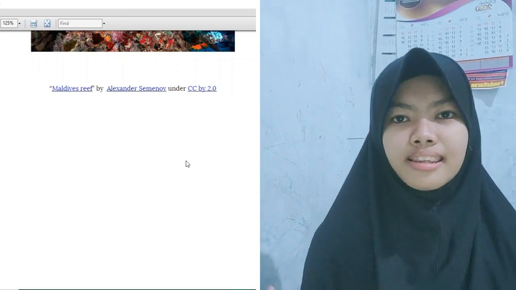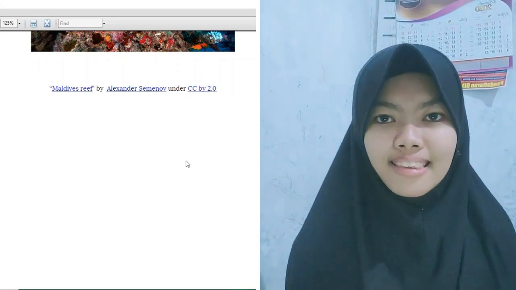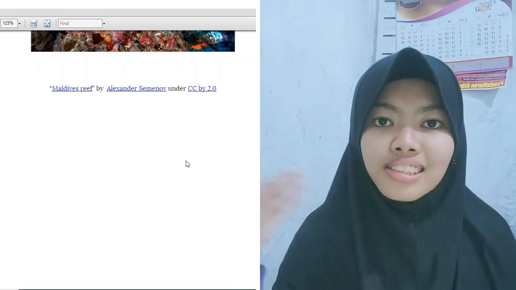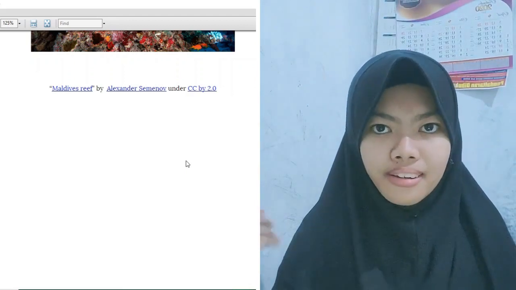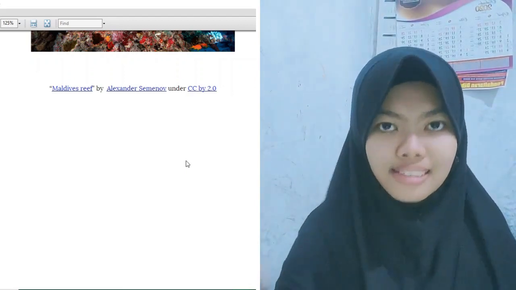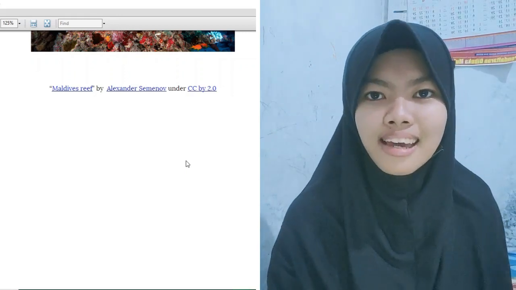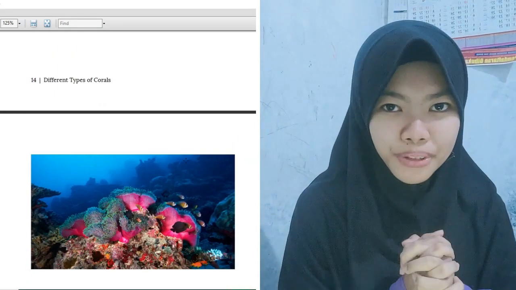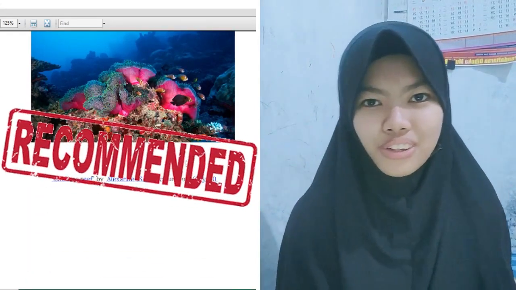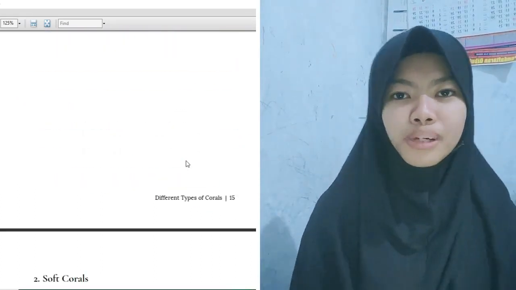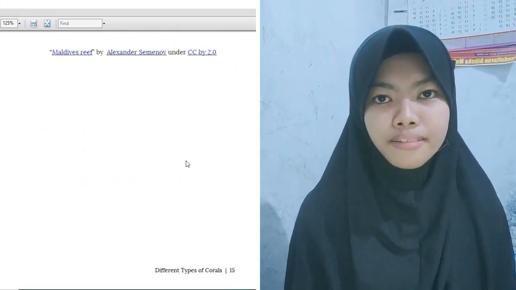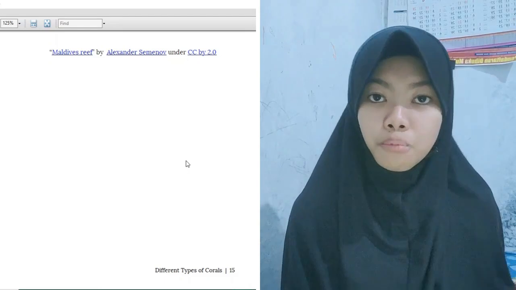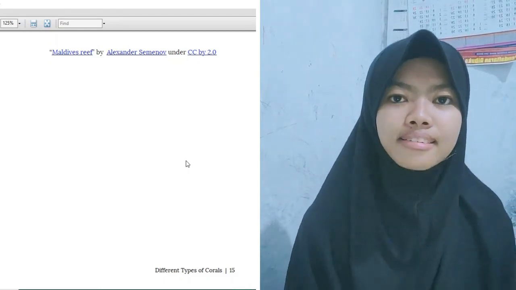So in conclusion, we can say that there are more good sides in this book than bad sides. This book is really good, and of course I like this book very much and I recommend this to you. This book is really suitable for students and for beginners of biology and for almost everyone.